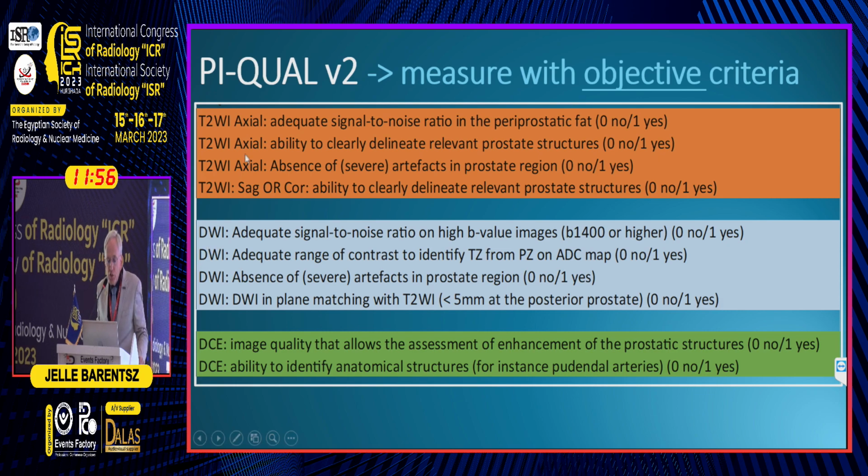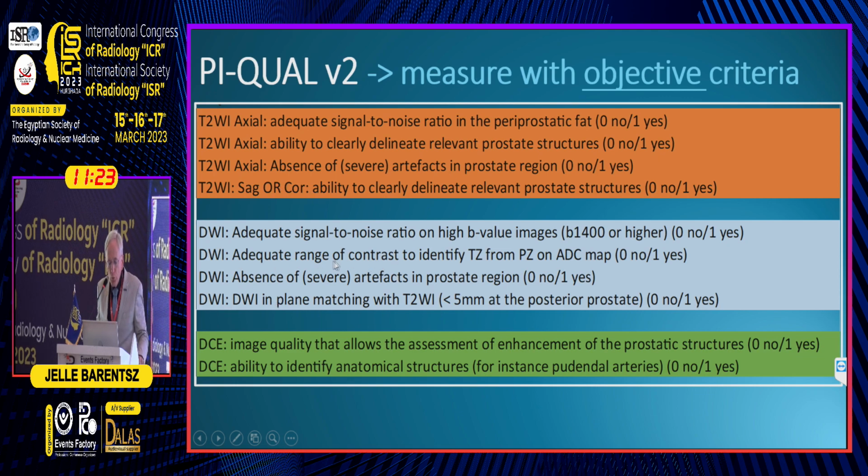It is looking at T2, diffusion and DCE, just like PI-RADS. And there are 4 points to be earned by T2, 4 by diffusion and 2 by DCE. If any technique score of diffusion and T2 is less than 3, it is not good. So you look at the signal to noise ratio in the periprostatic fat, yes, no. You look at the clear delineation of relevant prostate tissues, the absence of artifacts, and the quality of the sagittal or coronal images.